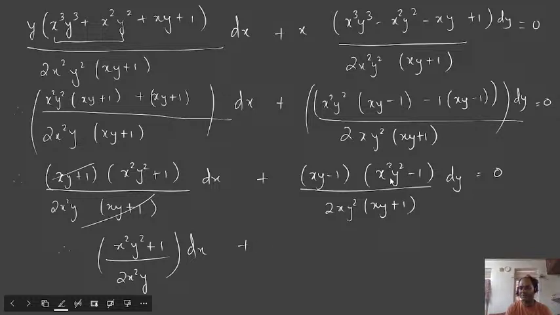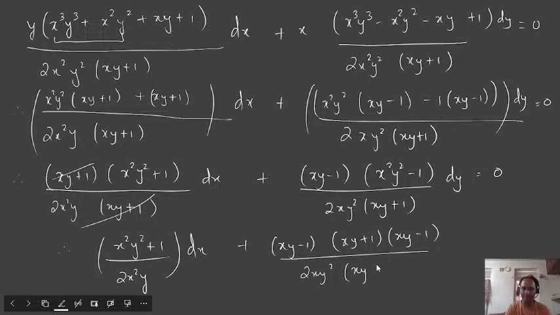This terminology is a square minus b square, right? So (xy minus 1) will remain as it is. From this one I'll write (xy plus 1)(xy minus 1) over 2xy square times (xy plus 1) dy equals to 0. Again, you can now see this is getting cancelled.